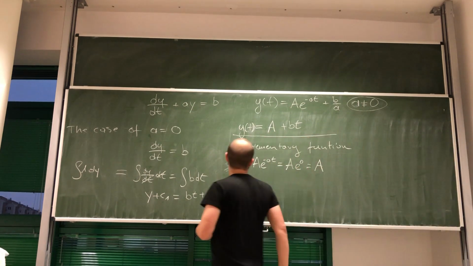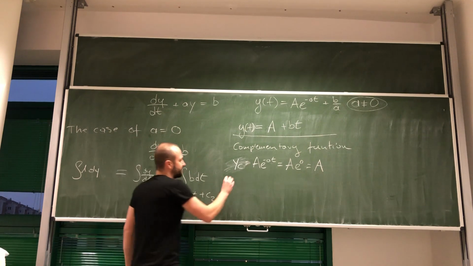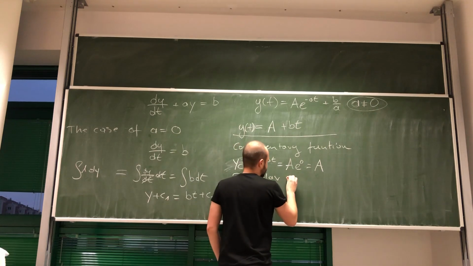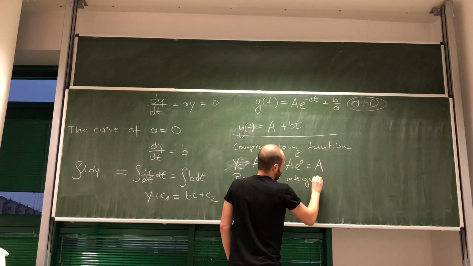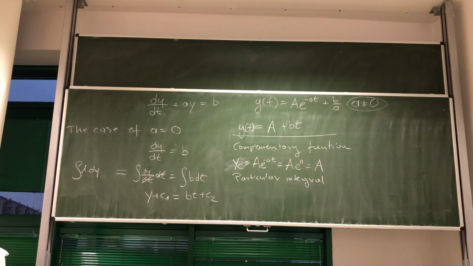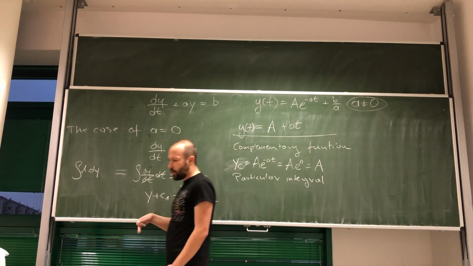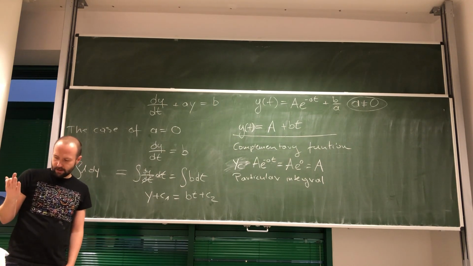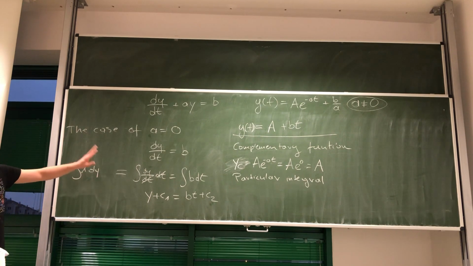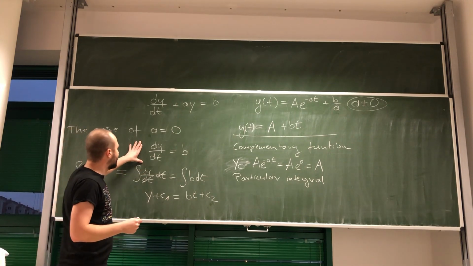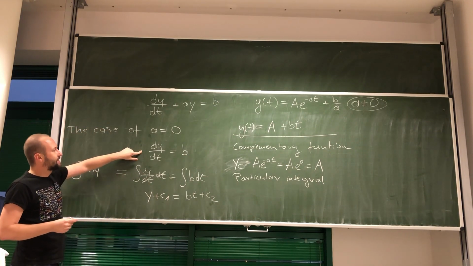Now, let's go to the particular integral. In the case of the particular integral, we are always trying the simplest possible solution. Previously we started with a constant solution. But here, the constant solution is not going to work.